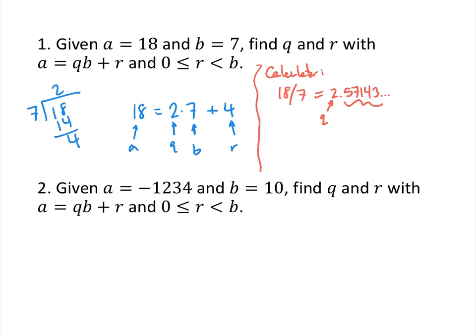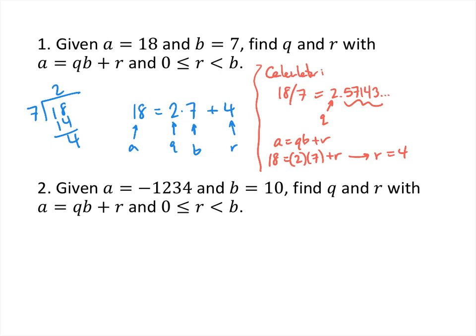So what we can do is take our equation, a equals qb plus r, and at this point we know everything but r. We know that a is 18, q is 2, b is 7, and we don't know what r is, but we can solve that and figure out that r is 4. So we can get the same information with a calculator, just in a little bit different way.